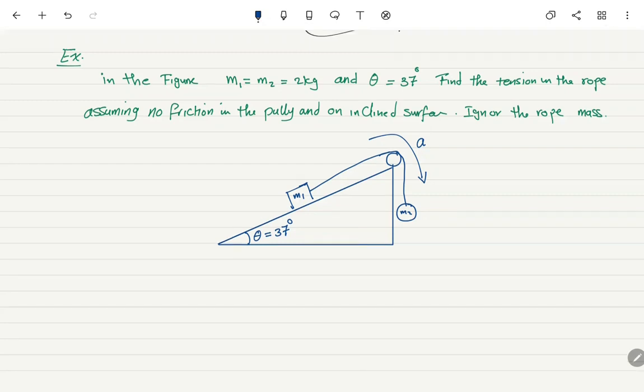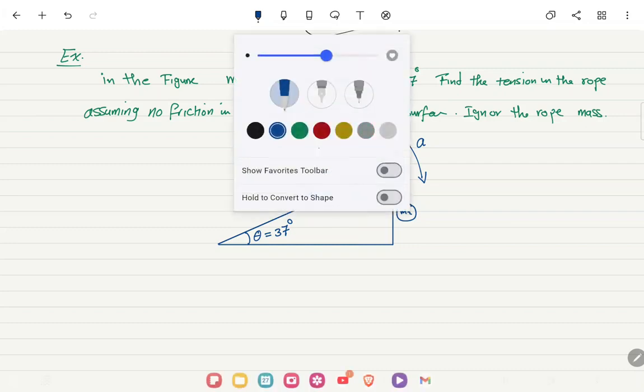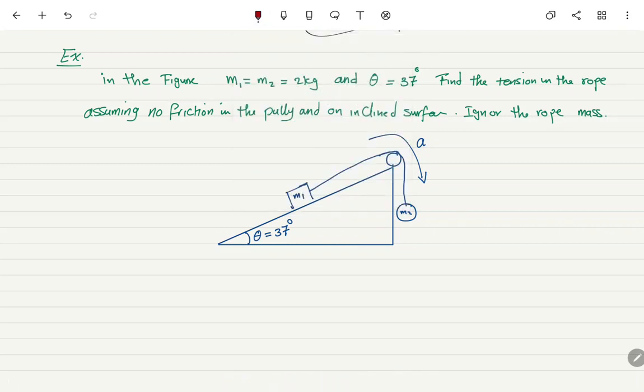To work with this example, let's just summarize the situation. We have here two different systems. This is system 1 and this is system 2. Now let's start with system 1. How many forces do we have on system 1? We have the weight, which is directed this way, mg, and we have the tension, T. We have the normal force, and there's no friction again.